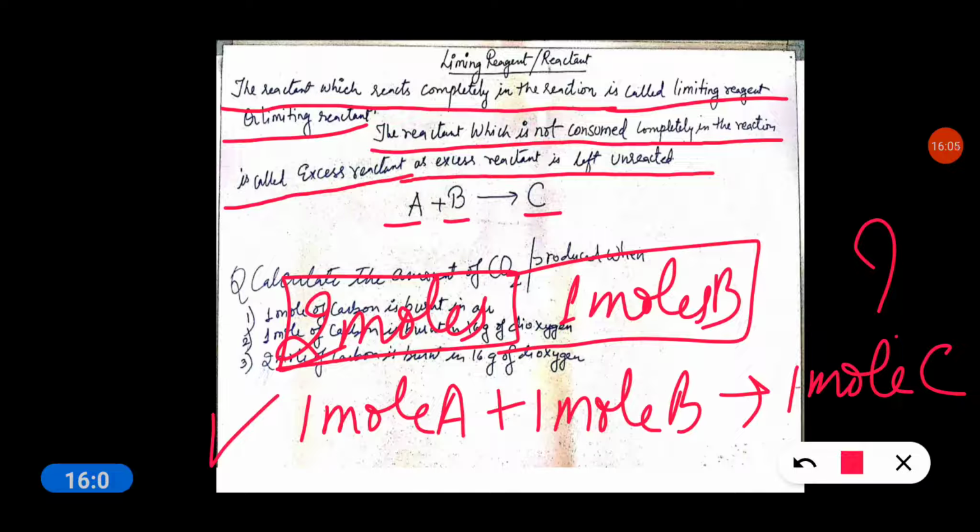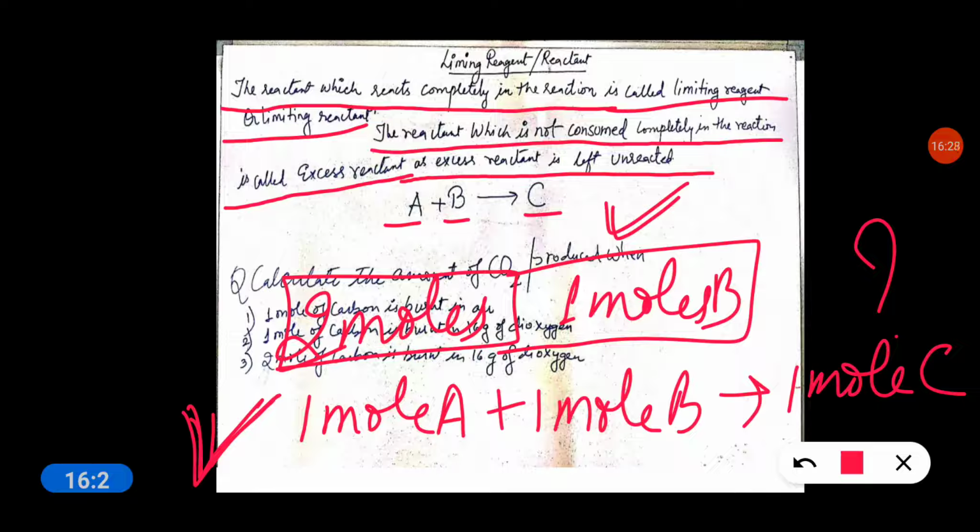From the balanced equation, you know that they should be in the same ratio. So you have 2 moles of A, but you cannot use all the A molecules, because for using 2 moles of A, you would need 2 moles of B also, but you do not have that.